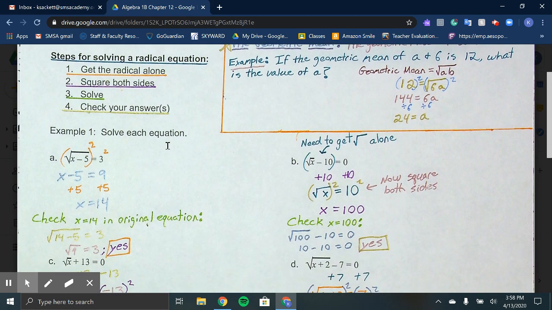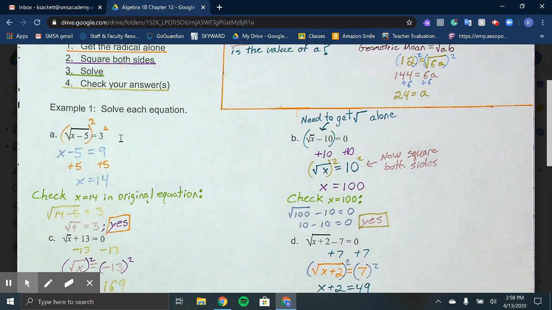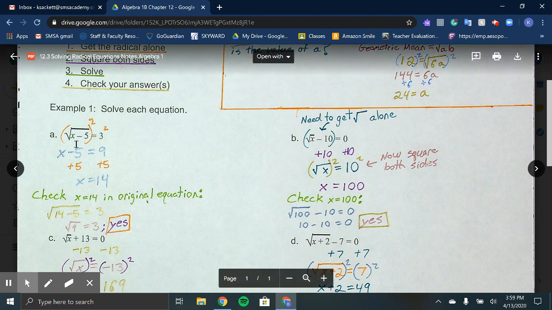So in example 1a, we have the square root of x minus 5 equals 3. The radical is already on its own because everything on the left is underneath the square root. So I move to step 2 of squaring both sides. On the left, I square that, and on the right, I'm squaring 3.